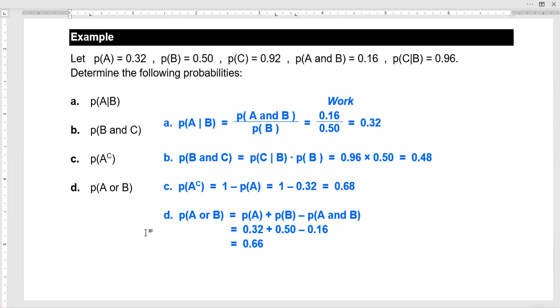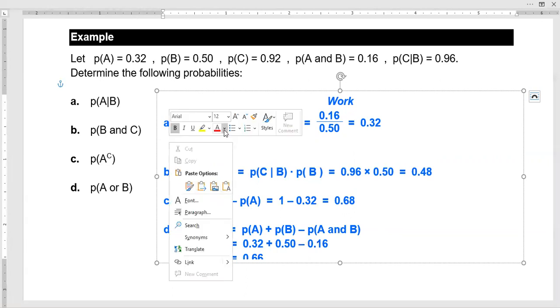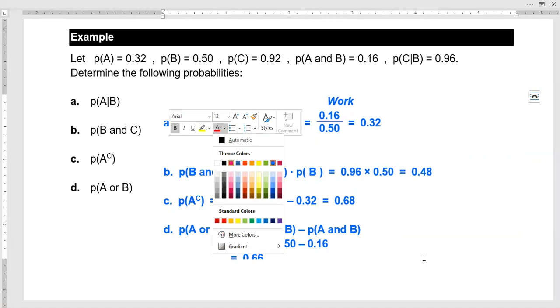Before we conclude, there are a couple things that I want to mention about some common mistakes that are made on these problems. So in part A, when we're finding a conditional probability, I'll write it out in maybe a different color here. So some common mistakes or things to watch out for.